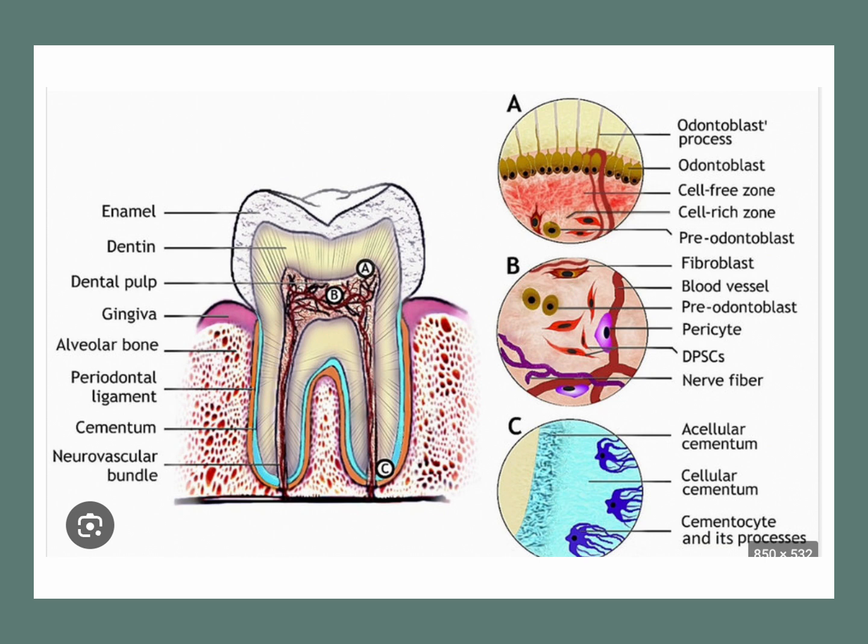So, if we take a section from the crown, you will see that the pulp is in connection with the dentine, with this loose connective tissue underneath. Inside the pulp, we will have this loose connective tissue with the blood supply and different kinds of cells.